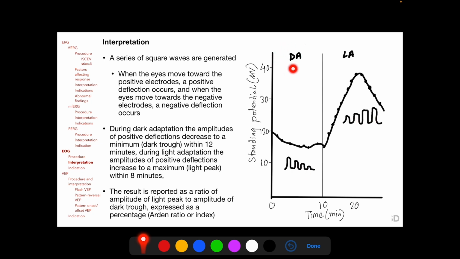During dark adaptation, the amplitudes of the positive deflections decrease to a minimum within 12 minutes, called the dark trough, and during light adaptation, the amplitudes of the positive deflections increase to a maximum, called the light peak, within 8 minutes, and the result is reported as a ratio of the amplitude of the light peak and the amplitude of the dark trough, and this ratio is expressed as a percentage, called the Arden ratio or the Arden index.